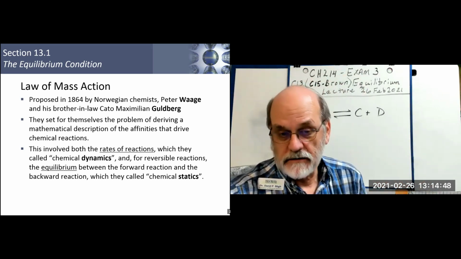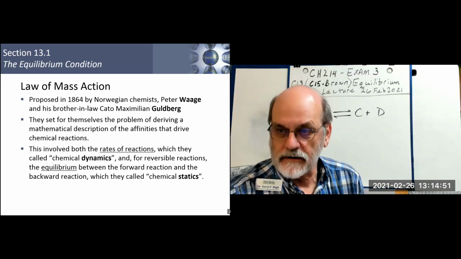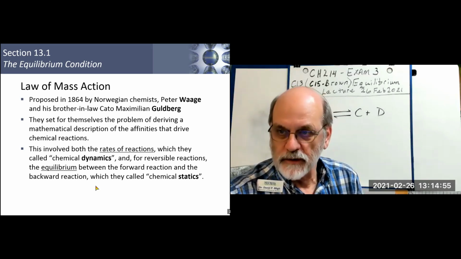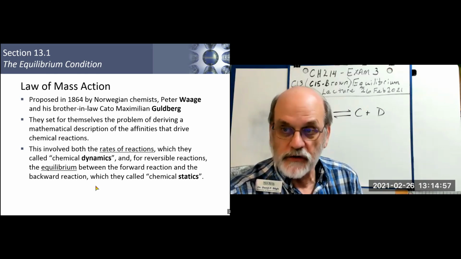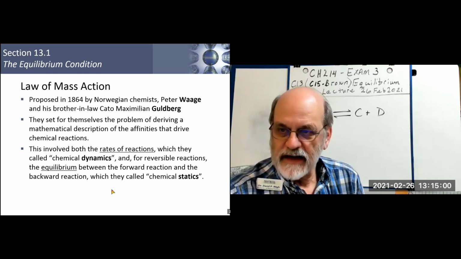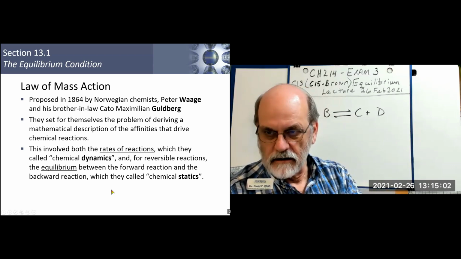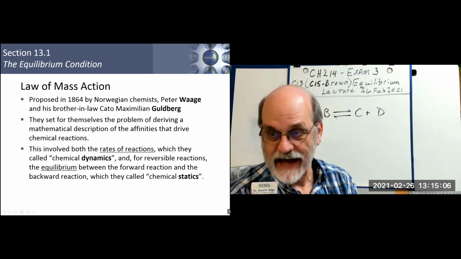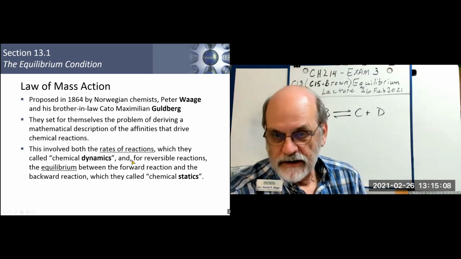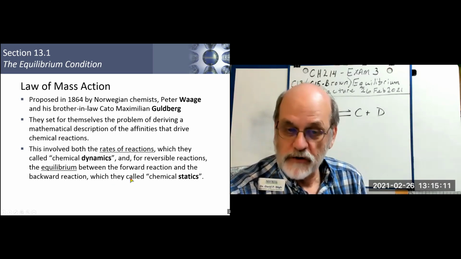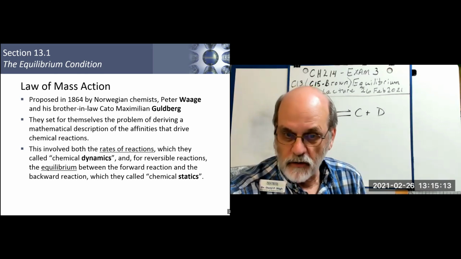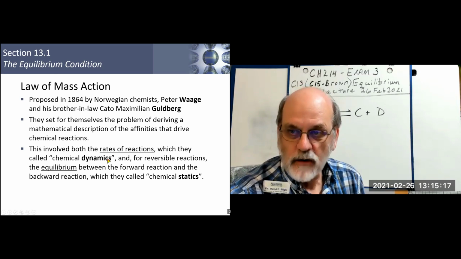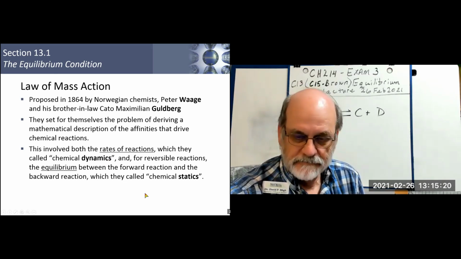And in many respects, at least in physics, we refer to anything that requires movement of some kind as dynamics. They still use that term. And anything that requires no motion, is roughly in balance, is called statics. But Waage and Guldberg used those terms to refer to chemical reactions. So reaction rate study would be dynamics, and equilibrium study would be statics.